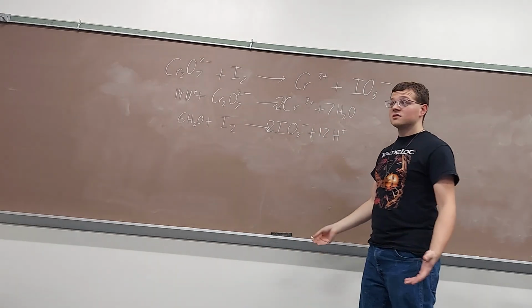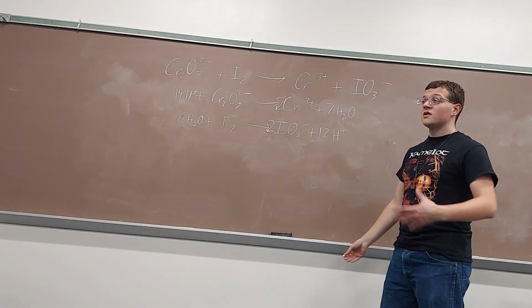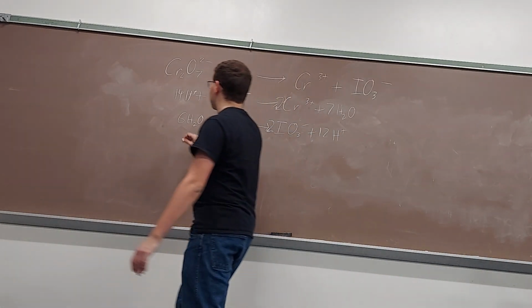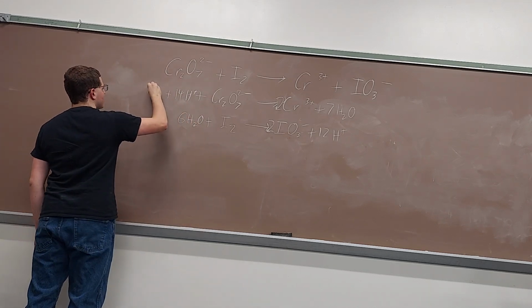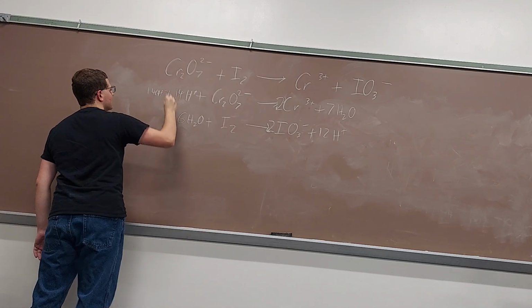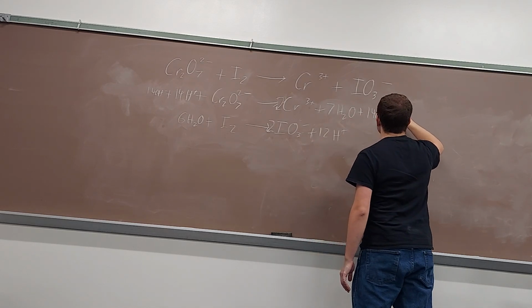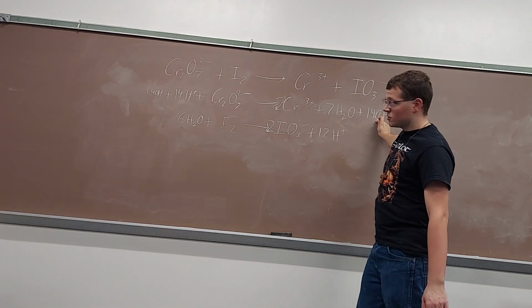For argument's sake, let's say this is in basic solution. That way we can do step 5. So, in this top one here, I have 14 H plus. I'm going to add 14 OH minus to both sides. When I add it to this side, it just stays 14 OH minus.